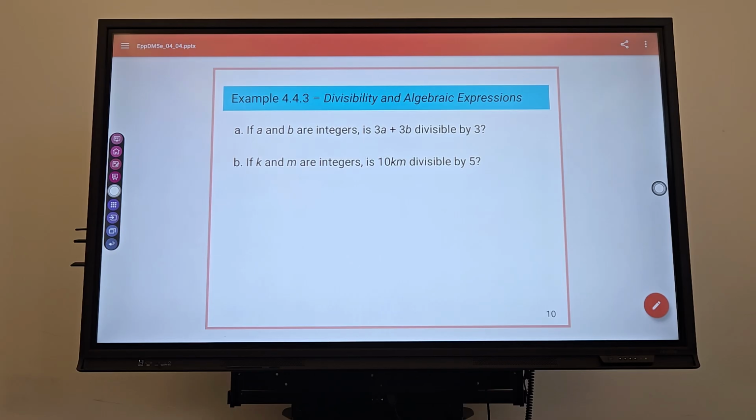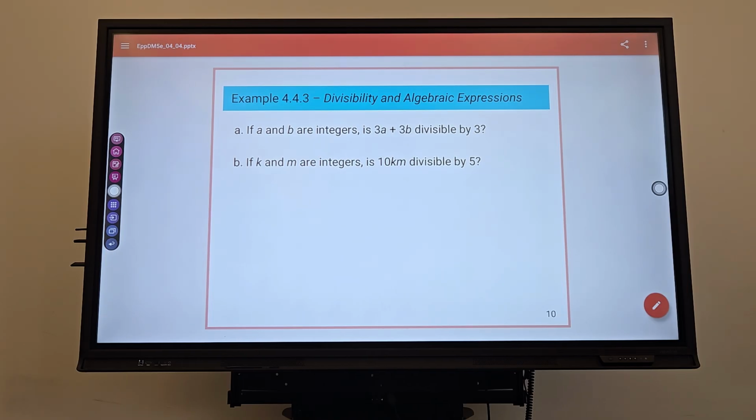If a and b are integers, is 3a plus 3b divisible by 3? Yes, because you can use the distributive law to take out the 3 and leave a plus b behind.